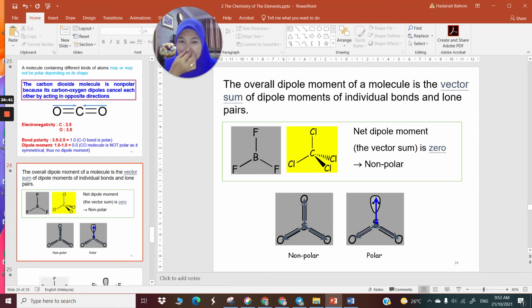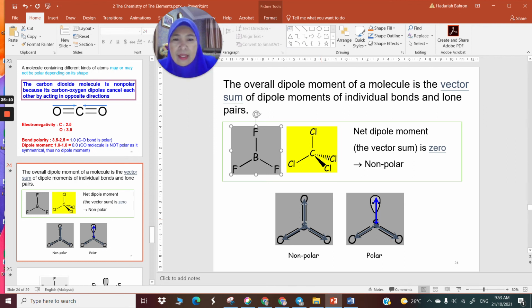These are two more examples that we have. Boron with 3 fluorines. You have these bonds that are polar, from boron to F, each polar. But the 3 polar bonds are acting equally at opposite sides, because it's highly symmetrical.